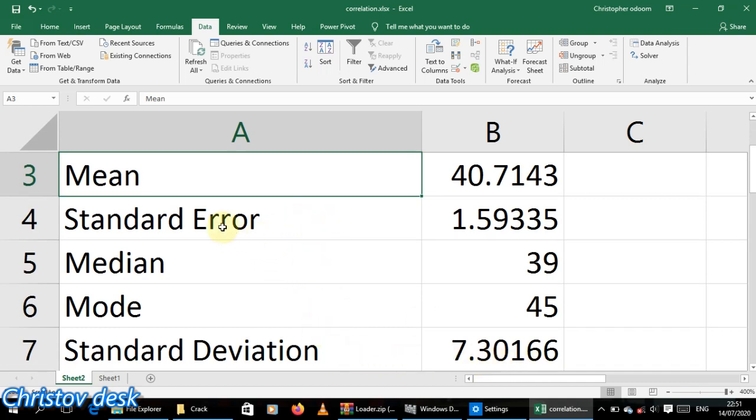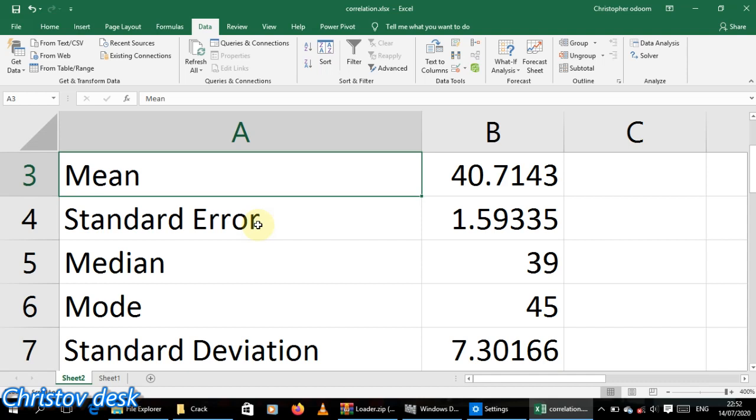Standard error is the error of an estimate. We take the various shoe sizes as a population, pick samples and compute means, and those means also vary among themselves.